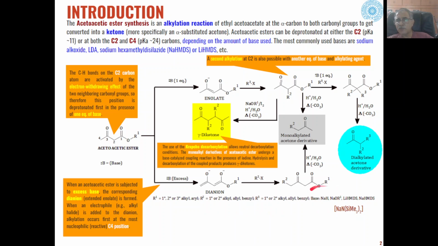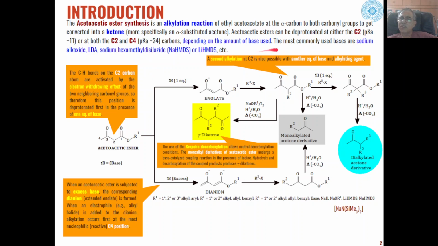The most commonly used bases in these types of reactions are sodium hydride, sodium alkoxide, lithium HMDS, sodium HMDS, and these types of dialkyl amides are also used as the base.